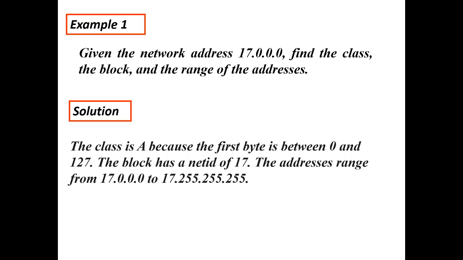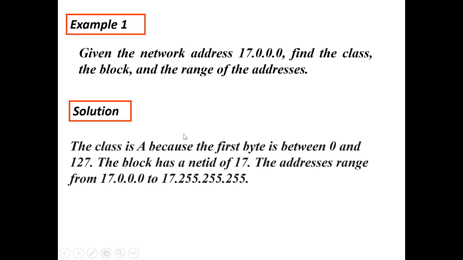Take an example. Given the network address 17.0.0.0, find the class, the block, and the range of the addresses. Now how can we find the class? The first byte is 17, which is in the range of 0 to 127.